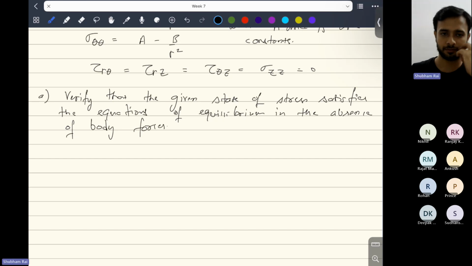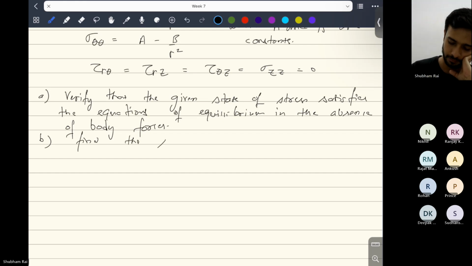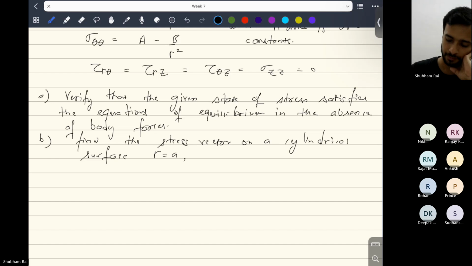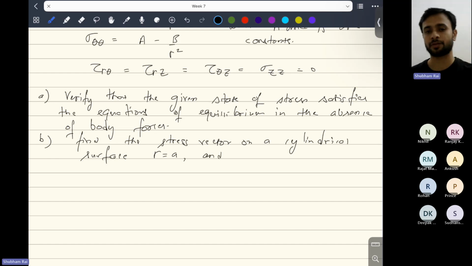First, you have to prove that. Then, in the second part, you have to find the stress vector on a cylindrical surface, R is equal to A. So at R is equal to A, you have to find the stress vector on the cylindrical surface.